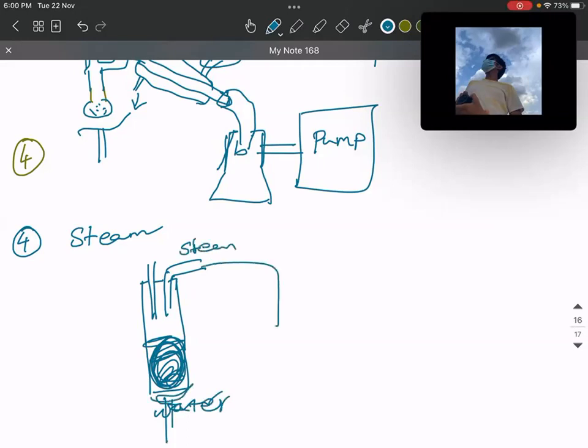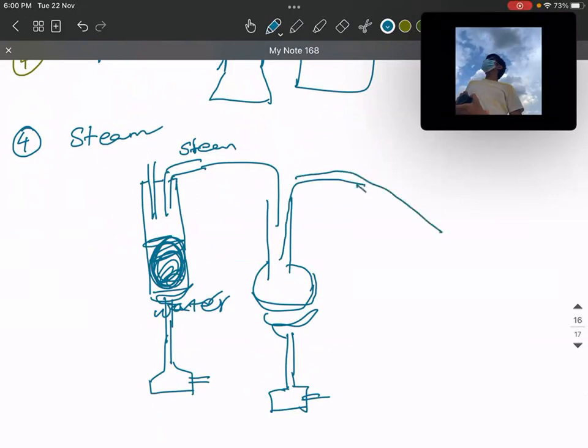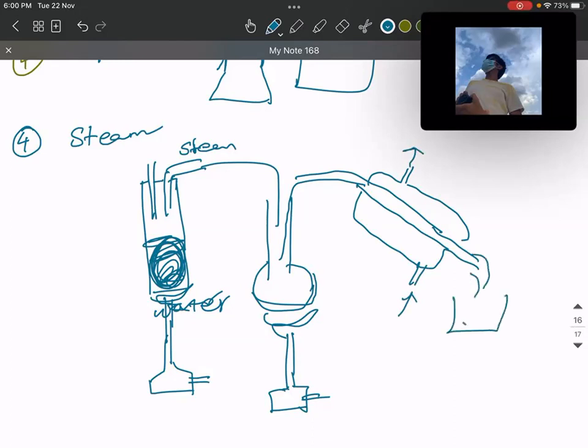That steam you have to pass into the conical RB flask. You heat this one and also this one. After heating both, what comes out from here you have to collect and condense. So water inlet, water outlet. Then you will get the purest compound.